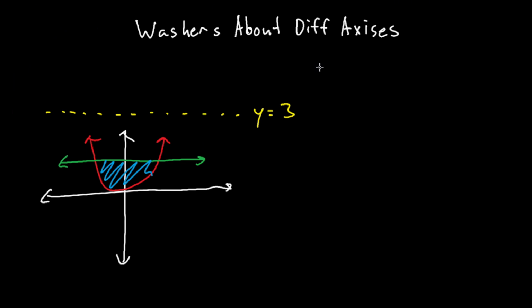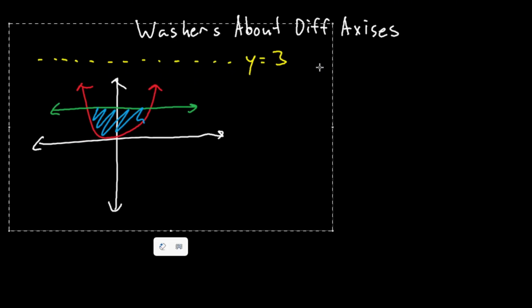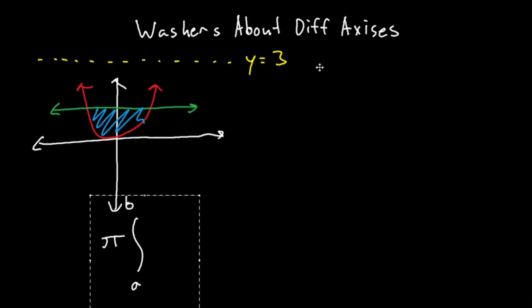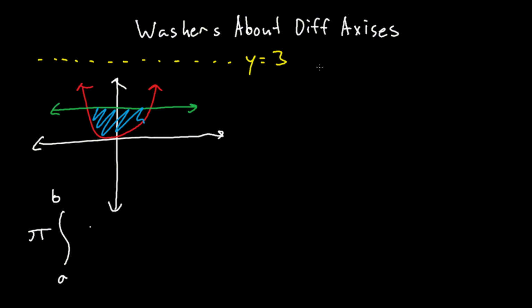Well, in order to do that, you can have a very general function for this. And it's actually quite easy. It's quite similar to just regular disks and washers. And this function is simply a, b as the bounds for your integral, with the upper bound function, your right bound function if you're rotating it with respect to y, but upper bound function minus the new axis value.